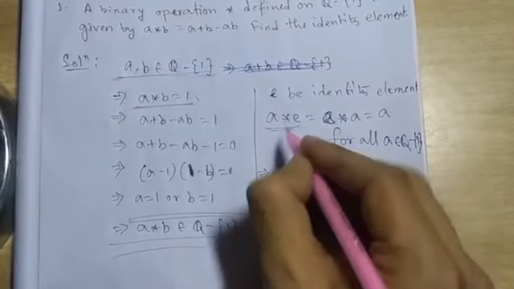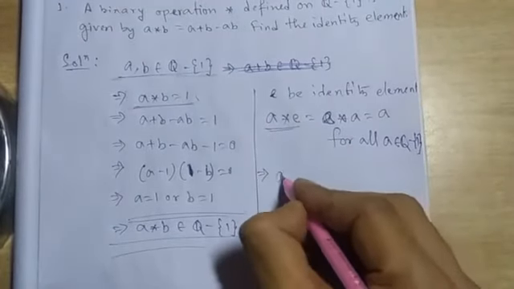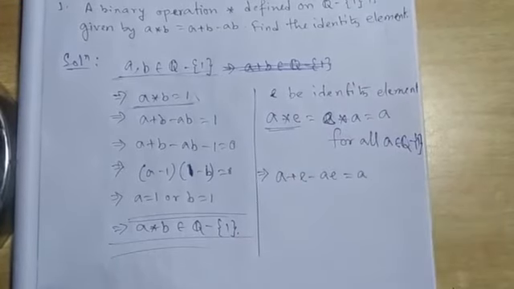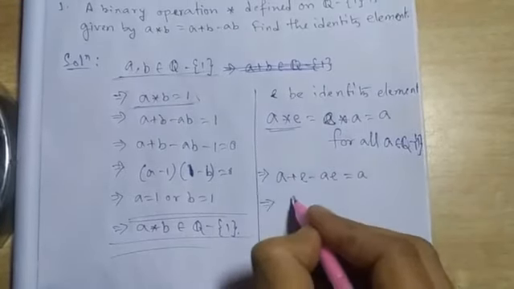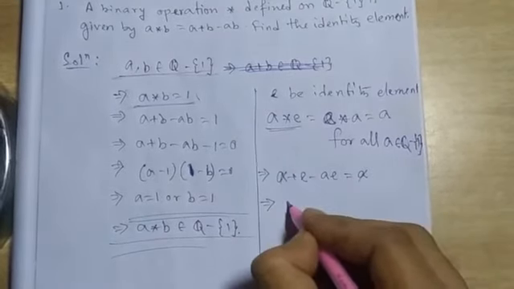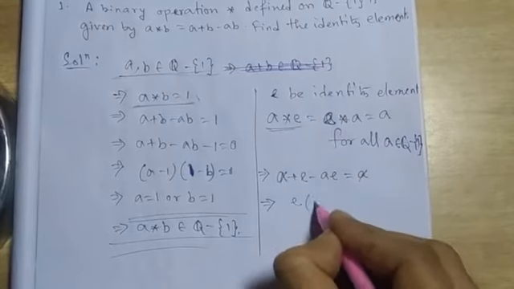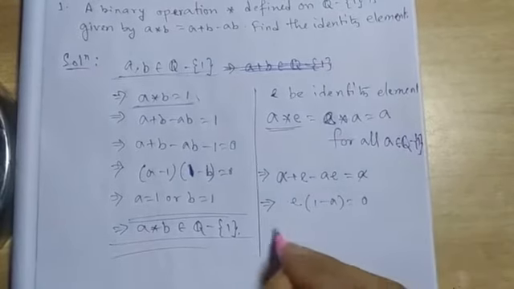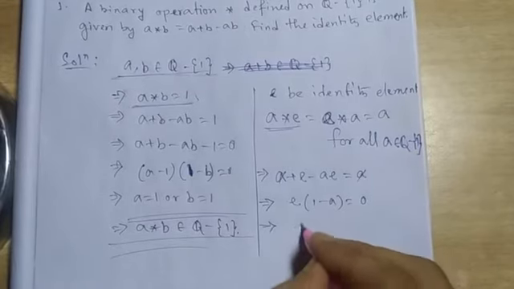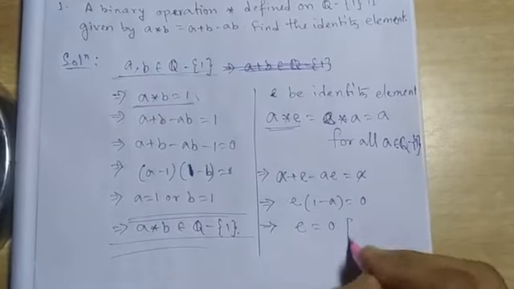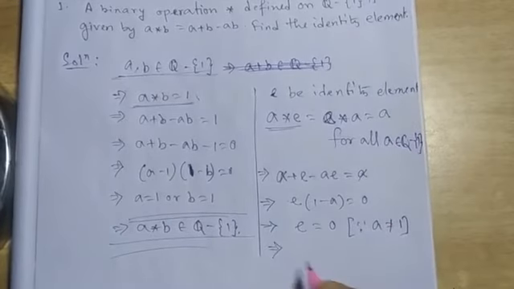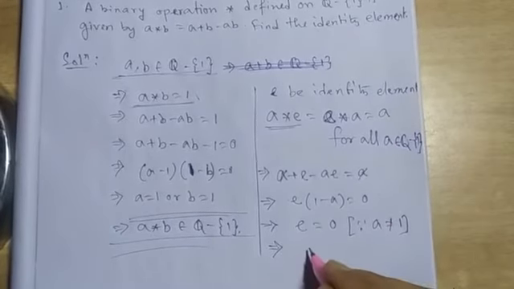Using the operation, a plus e minus ae should equal a. If you cancel out a, this becomes e times (1 minus a) equals 0. Since a is not equal to 1, e must be 0. So the identity element is 0.